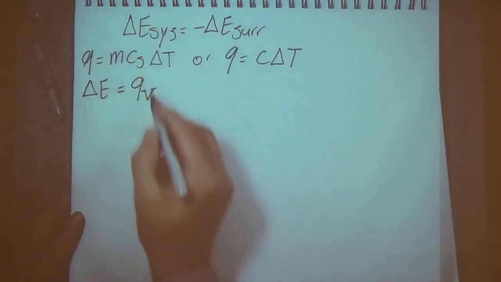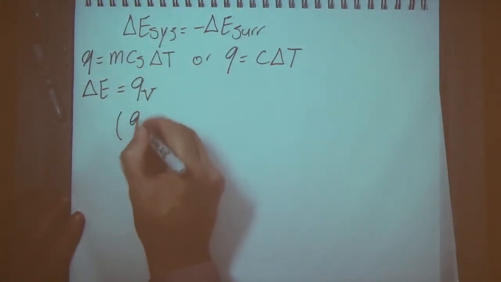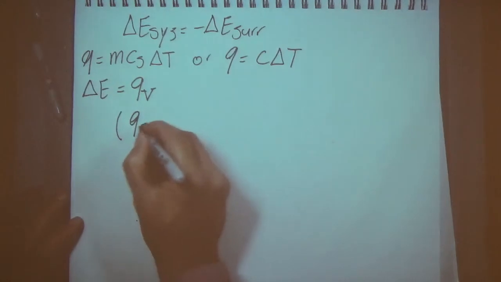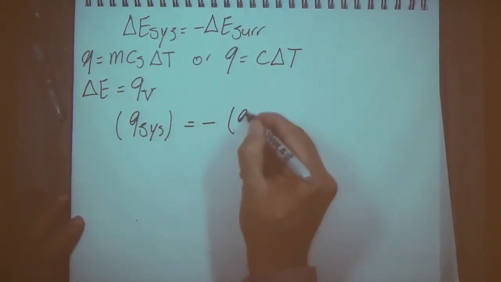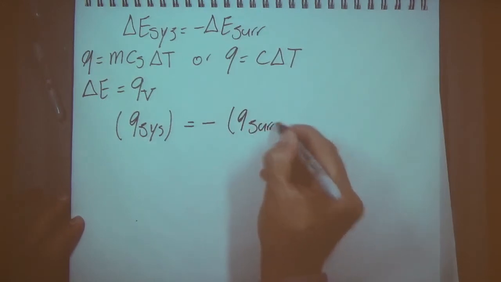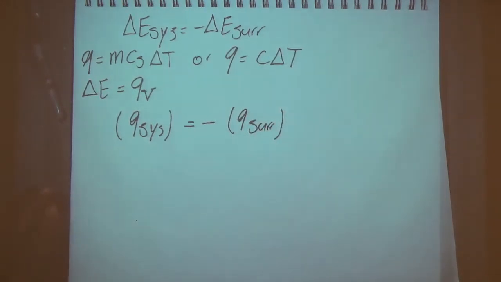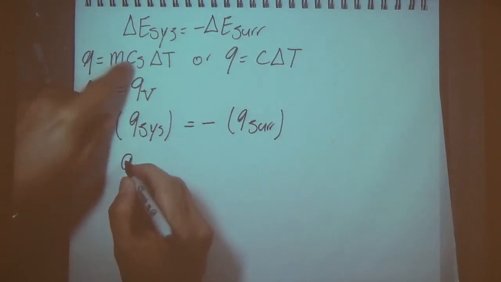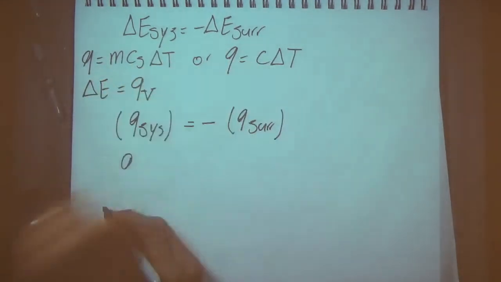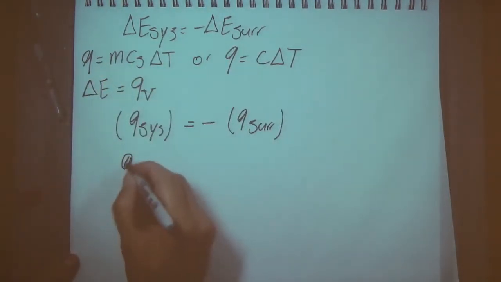from this one, I will get Q of the system equal to minus Q of the surrounding. Okay. Q is equal to mCs delta T, or Q is equal to C delta T. So you can go with this.